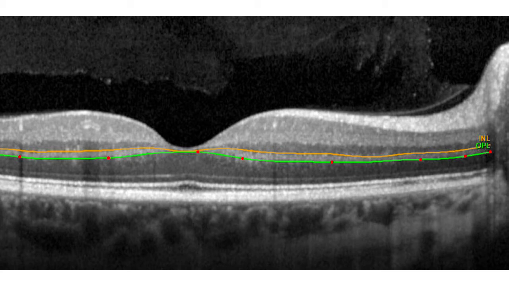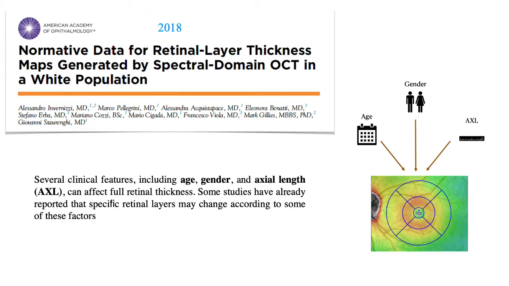But the software nowadays recognizes the layer well, and so it's possible to obtain measurements that are pretty reproducible. Also, those software enable you to modify each of the boundaries used to segment. So in cases where there are some mismeasurements, it's possible to manually adjust those boundaries.